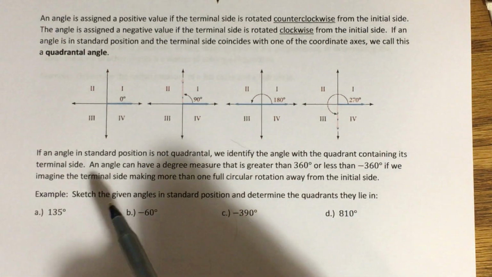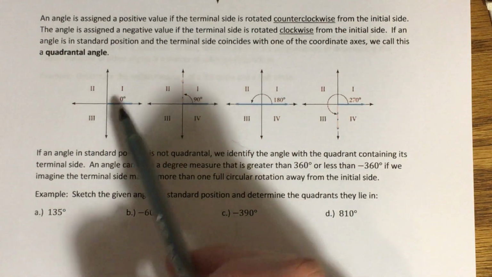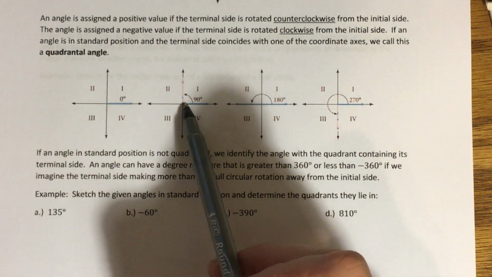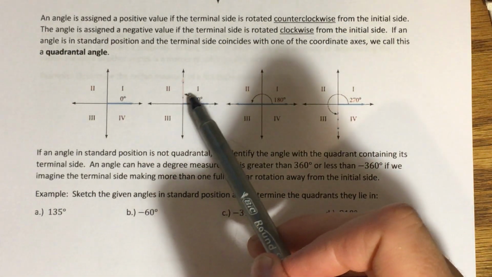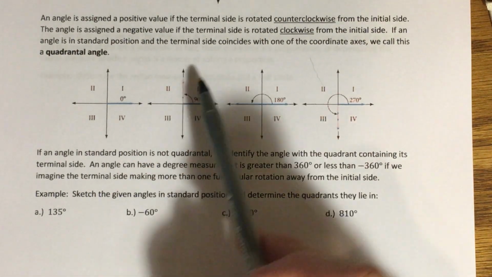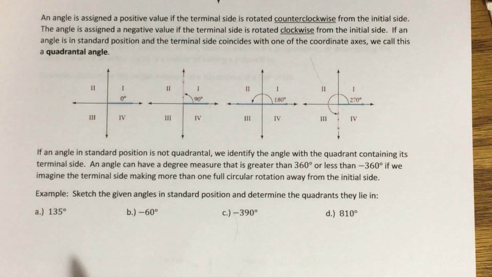So I can say, for example, a 45-degree angle is in quadrant 1, because if you think of this 90-degree angle as sort of surrounding quadrant 1, 45 degrees is going to point right through the middle. The terminal side would be in quadrant 1. And we're going to use that convention a lot. Wherever the terminal side lies, that's where we're going to say that the angle lives.